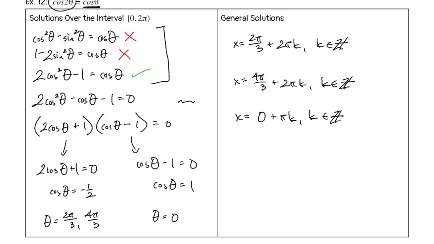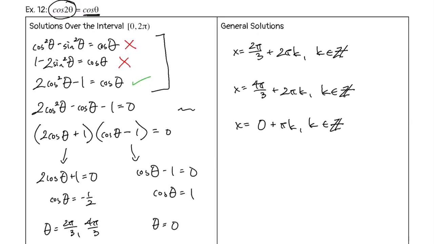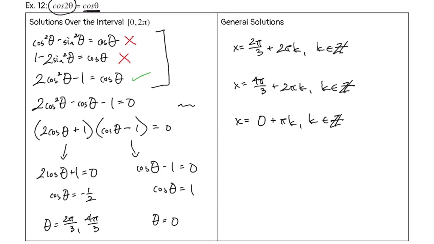Okay, so none of them are halfway around, so we can't collapse any of them. We just need to go ahead and write them out separately, okay? All right.